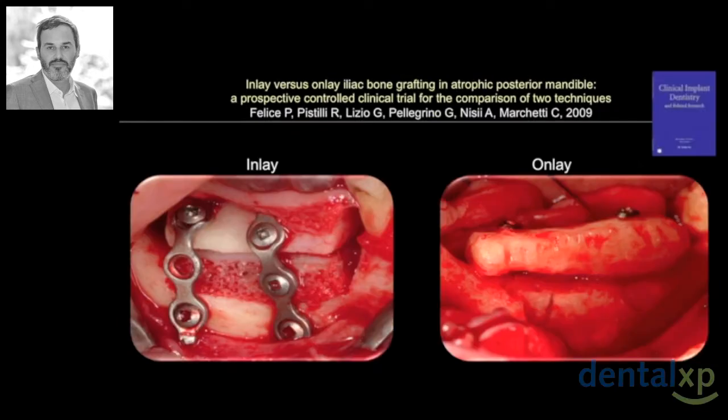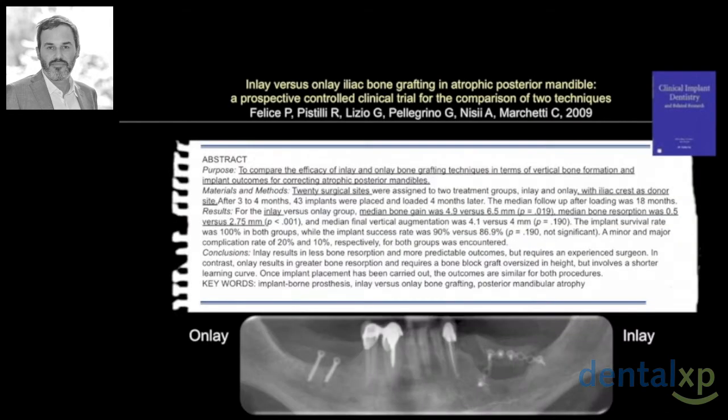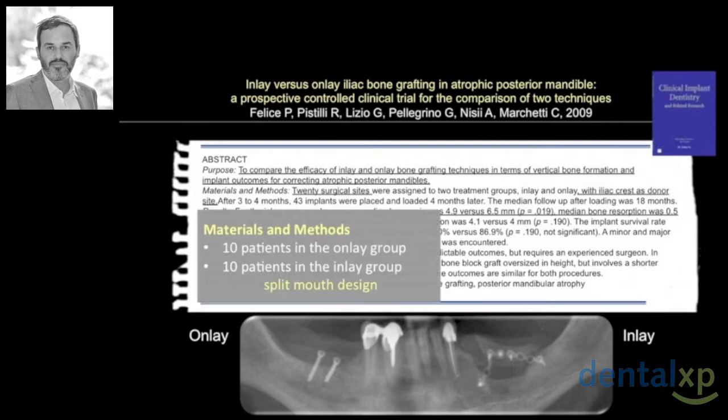At this point, we compare the inlay technique with other techniques we have used to treat posterior mandibular atrophy. The onlay technique, for example. In this study, the control group had onlay, while the test group underwent the inlay.